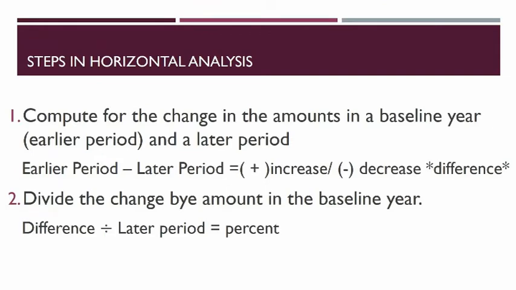To solve the steps in horizontal analysis, first compute the change in the amounts between the baseline year, your earlier period, and the later period. The formula that you will use is earlier period minus later period, which is equal to the difference, which is either an increase or a decrease.